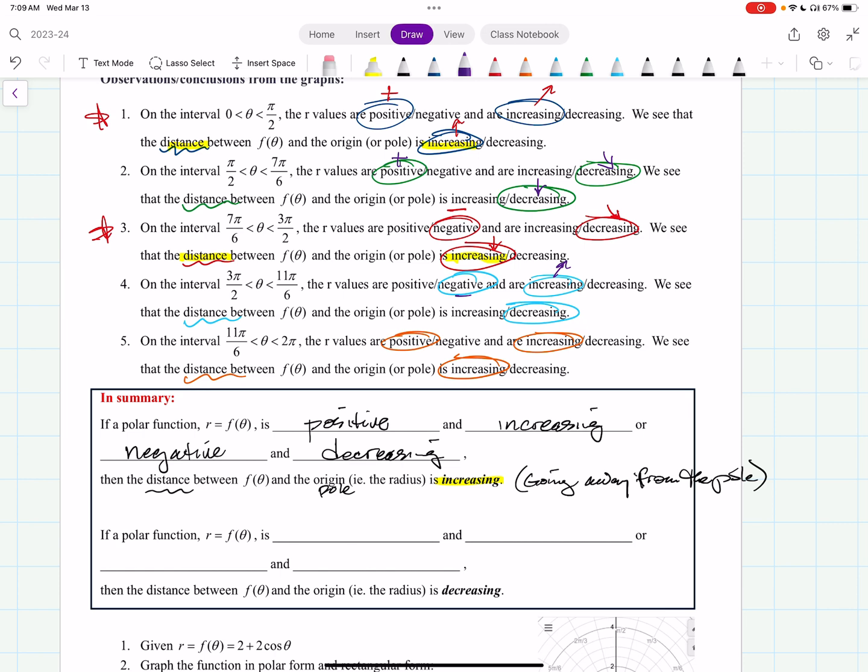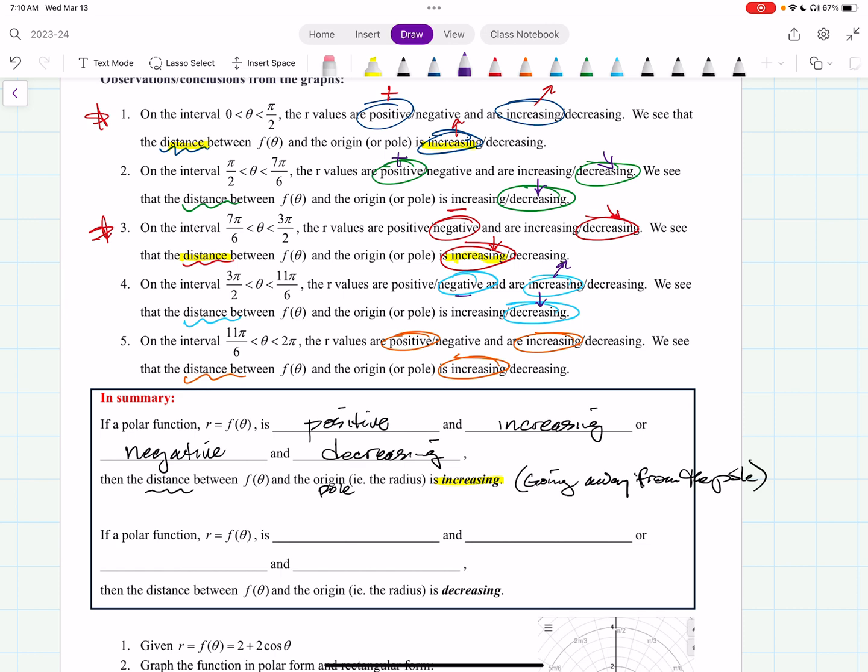Like right there, you're going down. You're going towards the pole is what I was trying to say. Sorry. So if the distance is increasing, you're going away from the pole. If the distance is decreasing, you're going towards the pole.